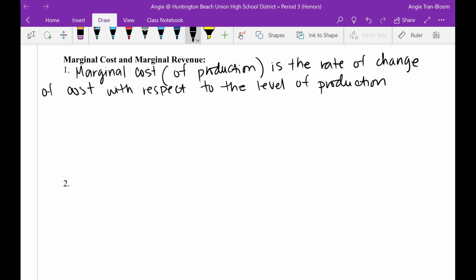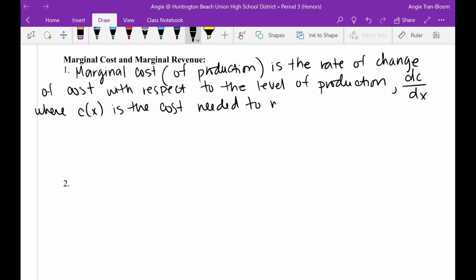Let's call it dC over dx, where C of x is the cost needed to make x products.